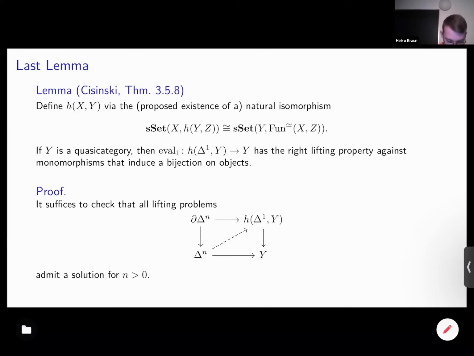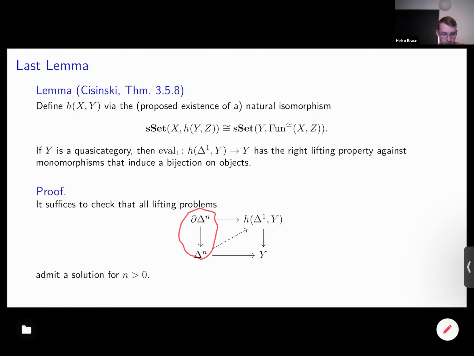Then if Y is a quasi-category, the evaluation at the one object, the codomain of this delta one category, has the right lifting property against monomorphisms that induce a bijection on objects. A different way to state that is that it has the right lifting property against these kinds of maps.